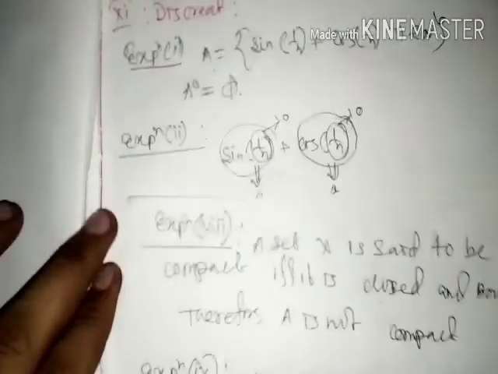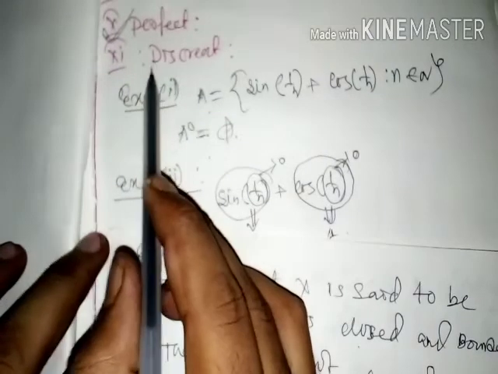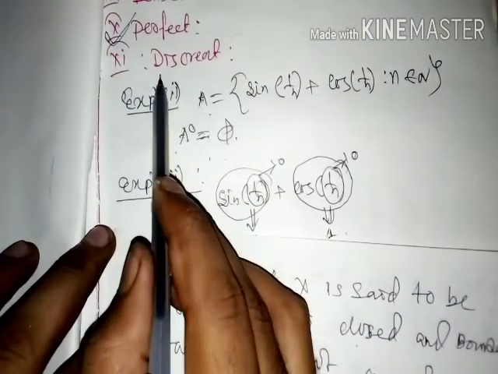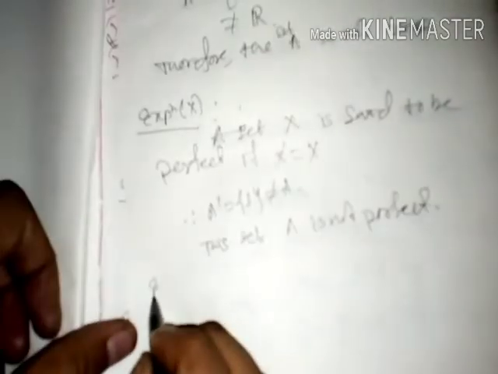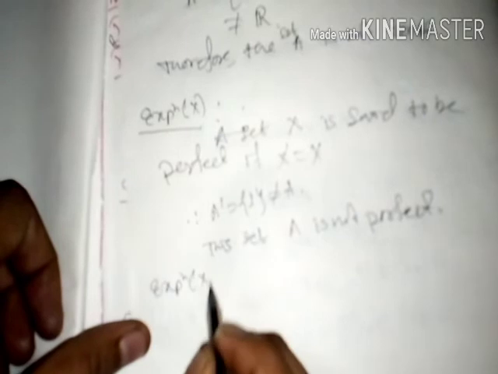Now we check the last result. Discrete: is the set A discrete or not? Explanation of option 11.